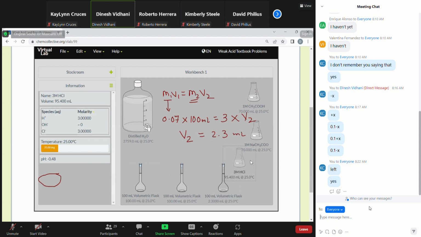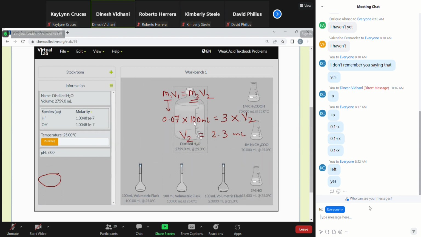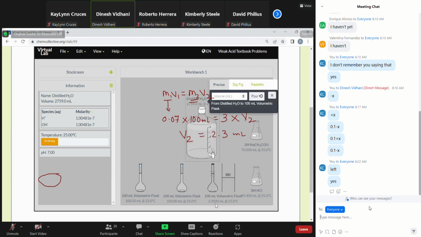Guys, can you tell me how much water should I be adding? Because right now I have 2.3 milliliters in this. How much water should I be adding so that the total volume is 100 milliliters? 97.7.